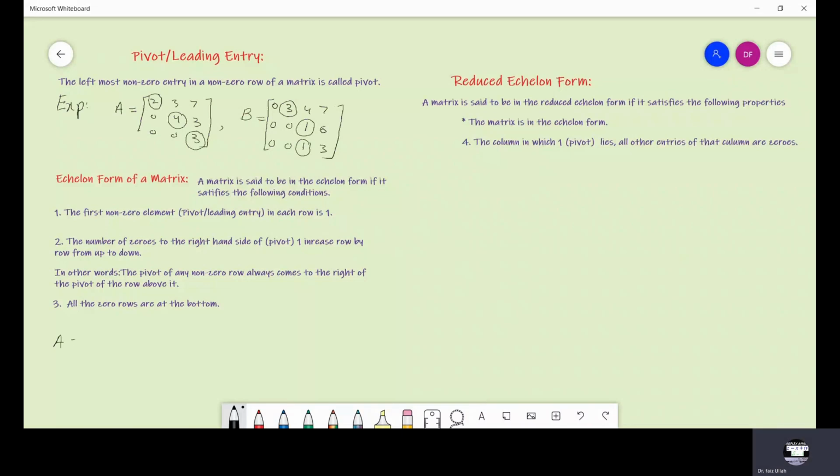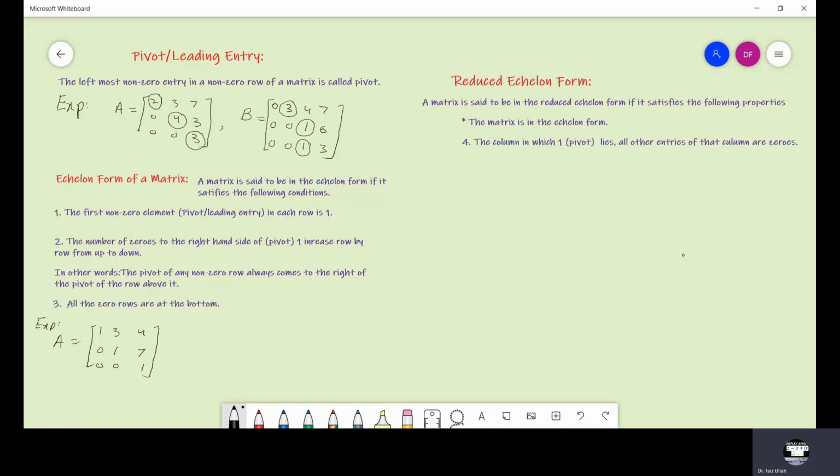So in this example, we take a matrix A in which we have 1, 3, 4, 0, 1, 7, 0, 0, 1. Now we can see that the first non-zero element in each row is 1. First condition is satisfied.